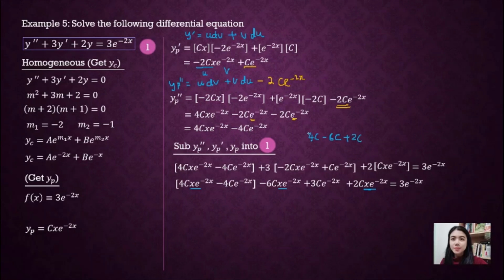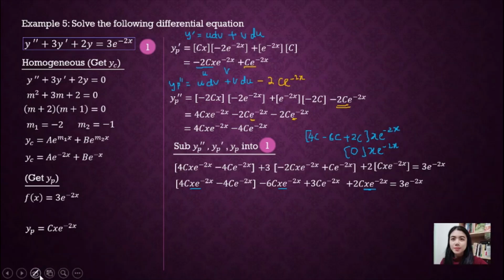This is for xe negative 2x. So 4c minus 6c plus 2c gives you a 0. A 0 multiplied with xe negative 2x gives you a 0, so you don't have to write the 0.